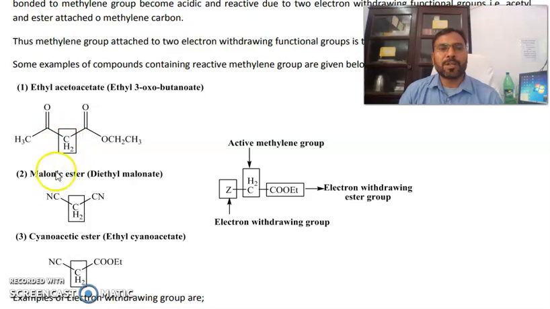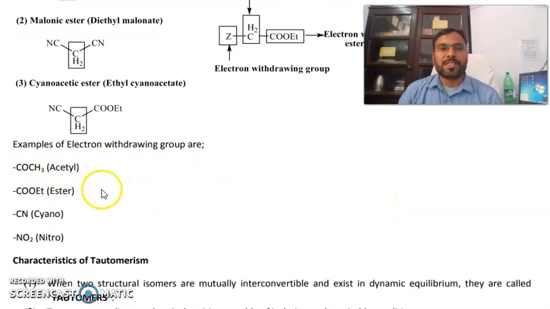Overall, all the compounds contain a CH2 flanked by electron withdrawing groups. So this is the active methylene group, with these electron withdrawing groups: acetyl, ester, cyano, and NO2 nitro groups.